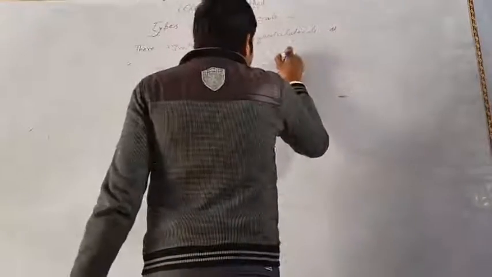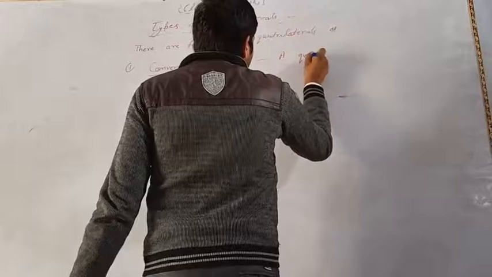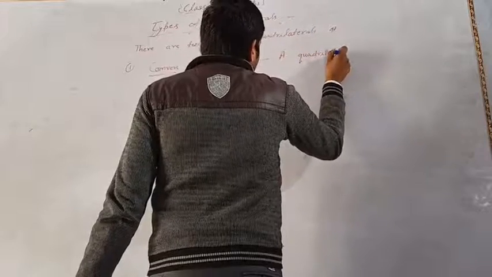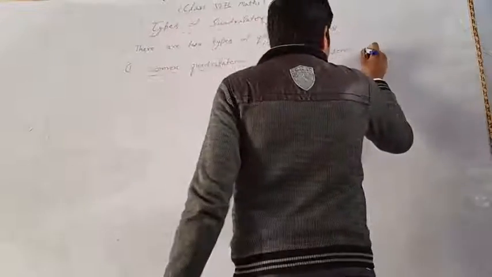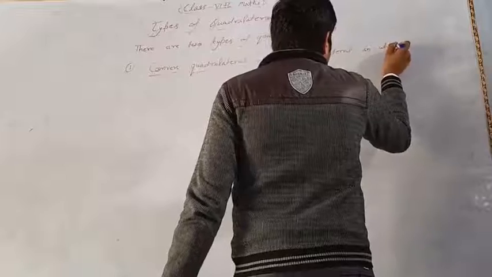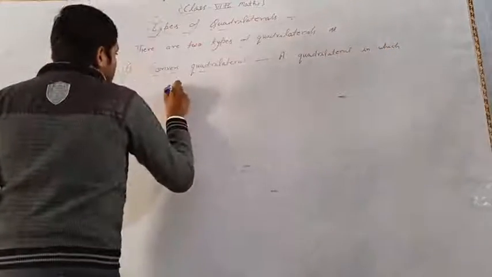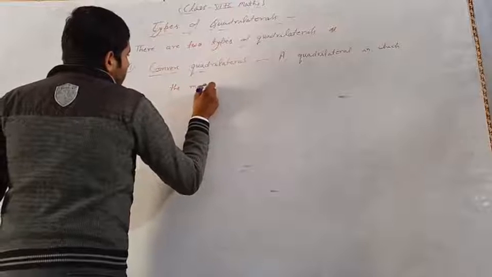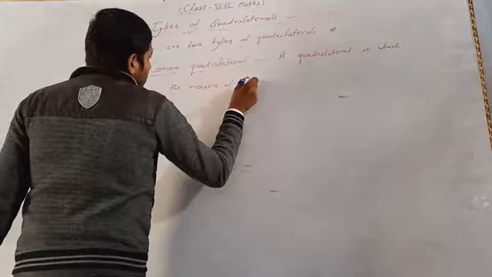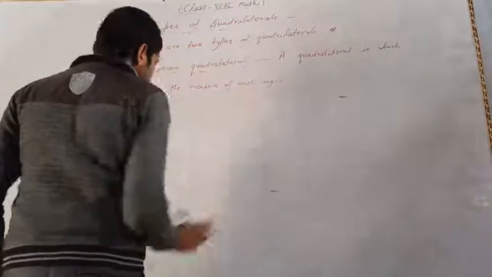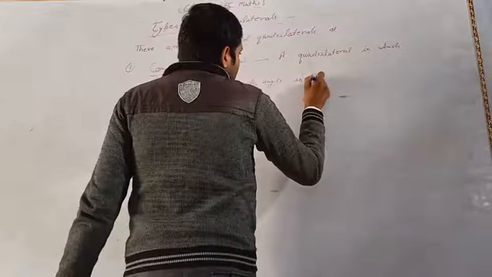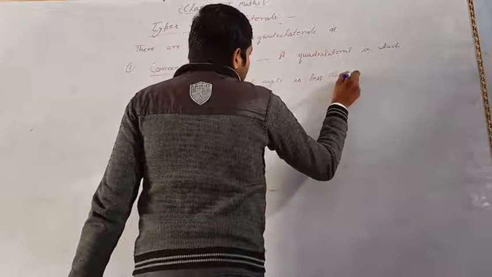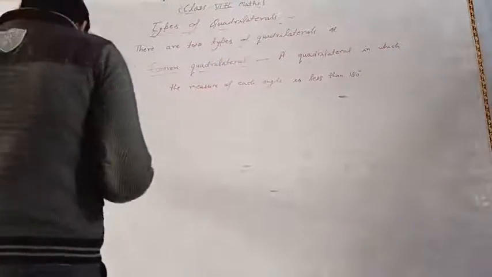A quadrilateral in which the measure of each angle is less than 180 degrees is called a convex quadrilateral.